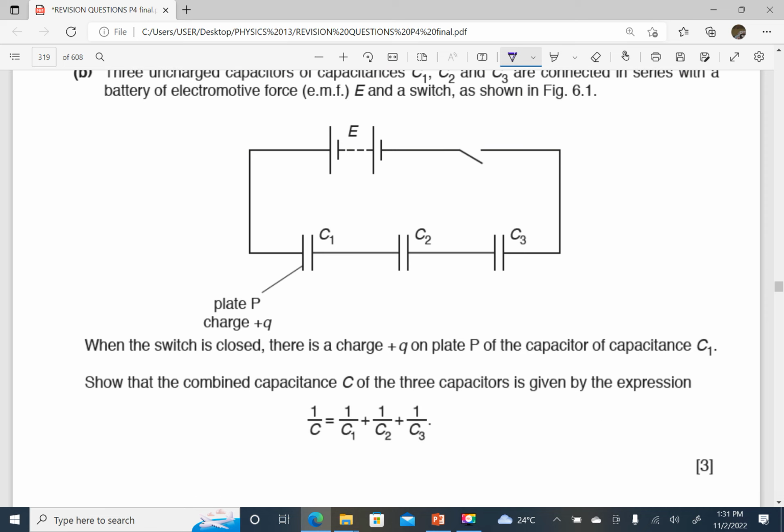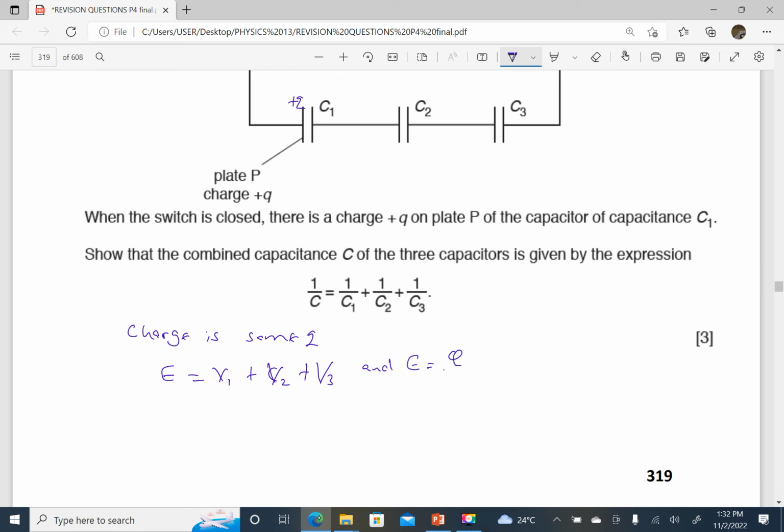The charge is the same, but the EMF of the battery is going to be the PD across the first capacitor plus the PD across the second one plus the PD across the third one. And the EMF of the battery will be total charge over total capacitance. That is the EMF of the battery. The PD across each is going to be charge over the capacitance across each.